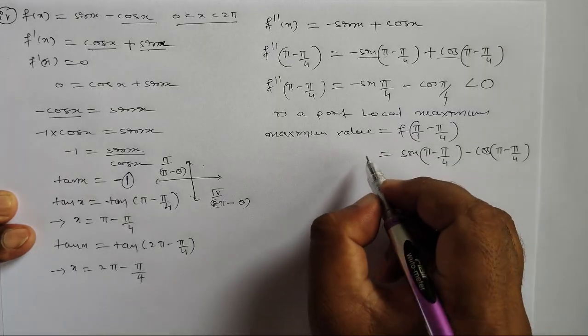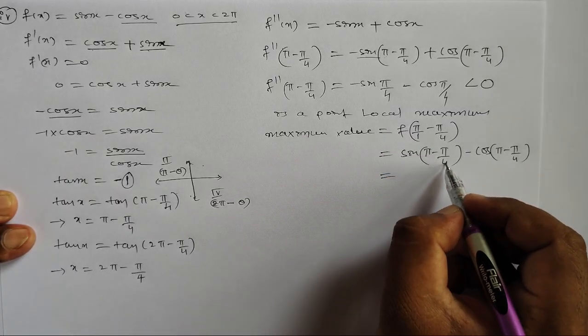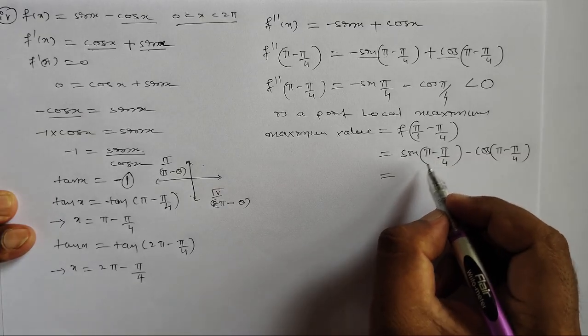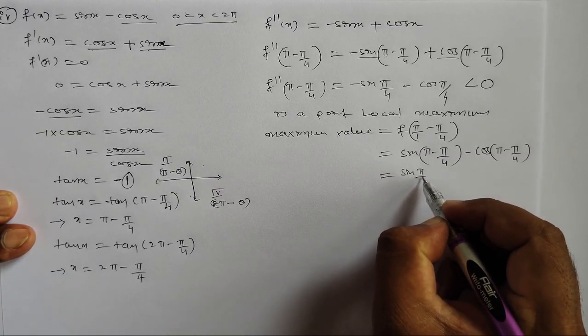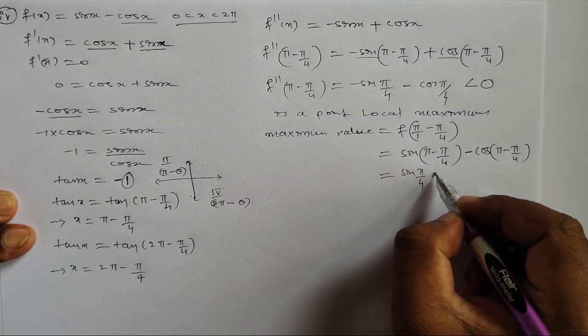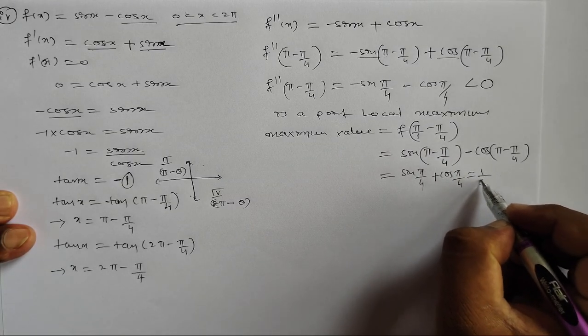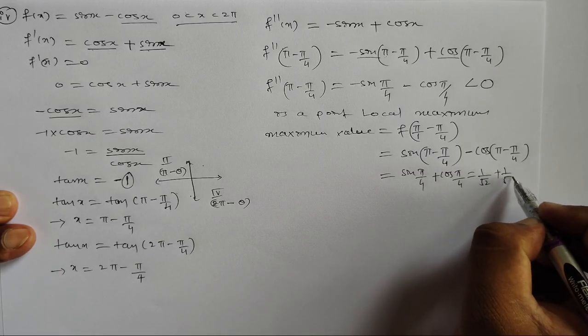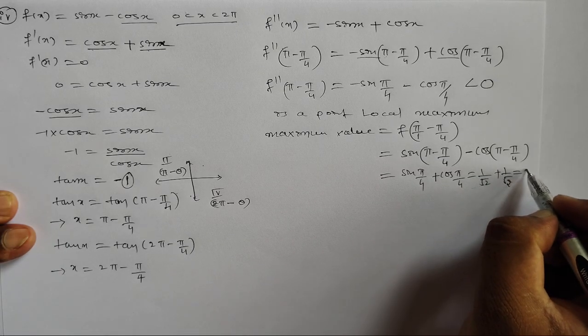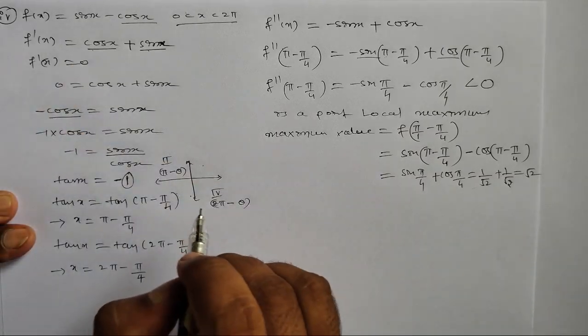In the second quadrant sin is positive, so sin pi by 4. Cos is negative, and with the minus sign, minus minus becomes plus cos pi by 4. Sin pi by 4 is 1 by root 2, and cos pi by 4 is 1 by root 2. This value becomes root 2.